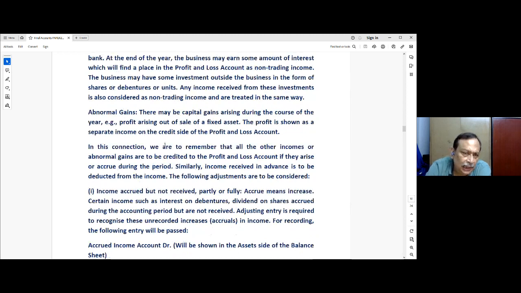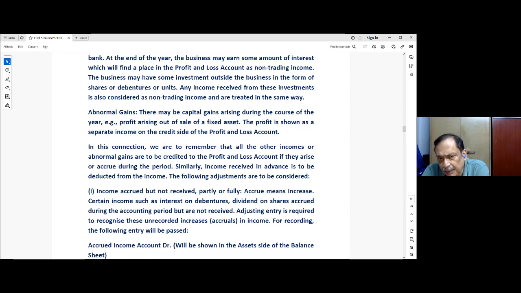Now, in this connection, we are required to remember that all the other incomes or abnormal gains are to be credited to the profit and loss account if they arise or accrue during the period. Similarly, income received in advance is to be deducted from the income.